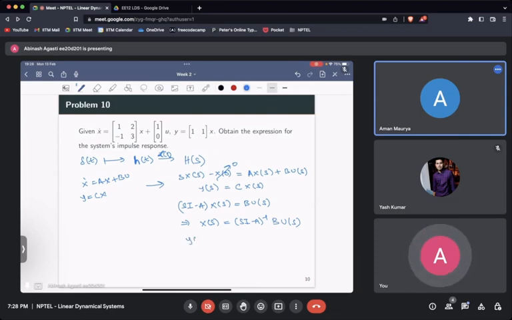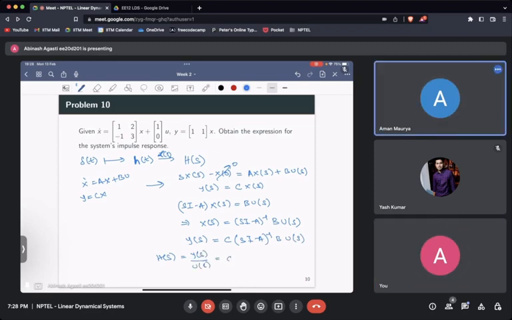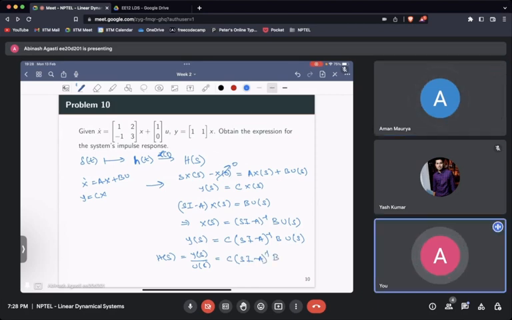And Y(s) is equal to C into X(s), which is C (sI minus A) inverse B into U(s). So the transfer function is nothing but Y(s) by U(s). So it is C (sI minus A) inverse B. So let's find this.